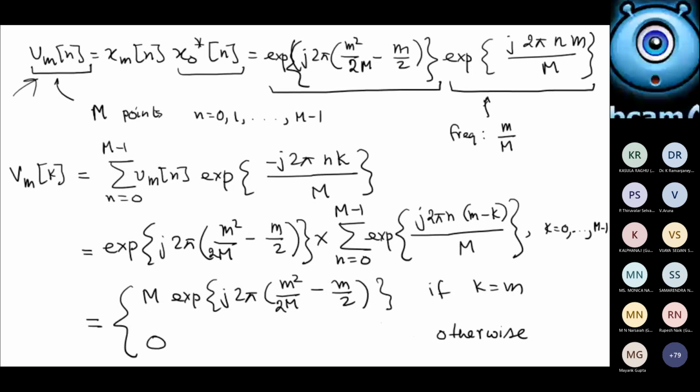And that non-zero value occurs for k equal to m. So if I am transmitting, let's say, symbol number 4, and I do this DFT procedure, I will end up with a DFT output whose value is 0 everywhere except for the 4th symbol.